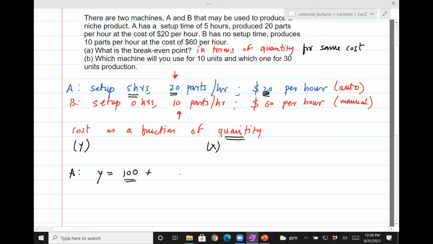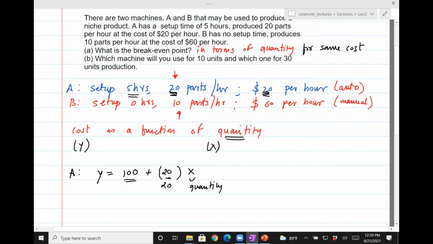So what we need to do is find a ratio, a scaling factor, which when multiplied with the quantity gives us a cost. So this has to have units of dollars per part. If you have 20 parts per hour at $20 per hour, you basically have 20 divided by 20. So that's basically the slope.